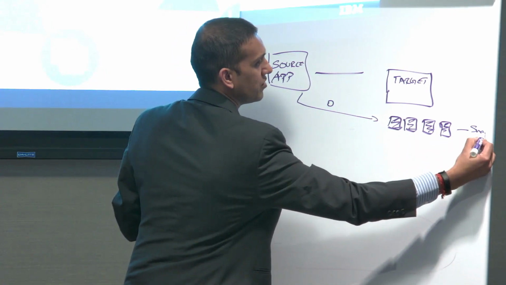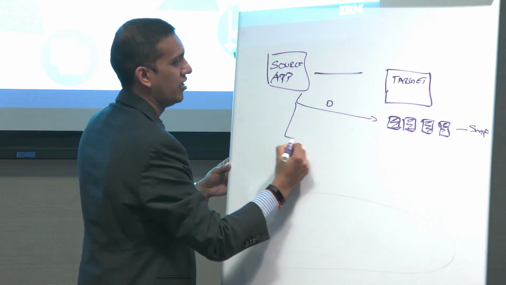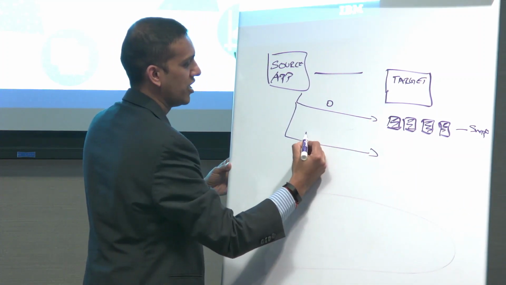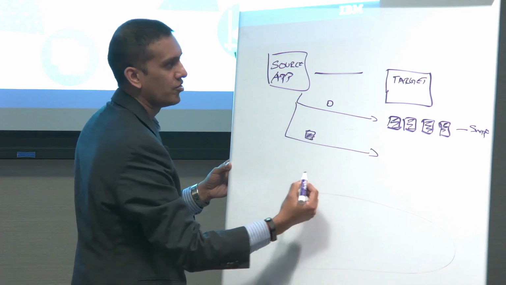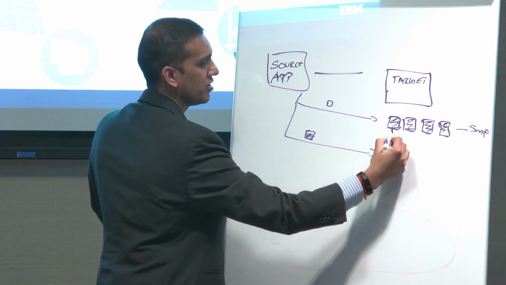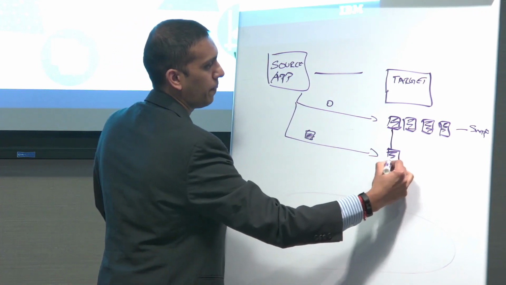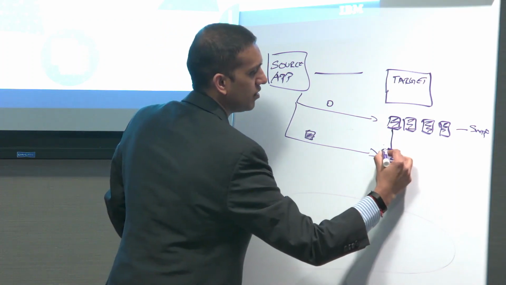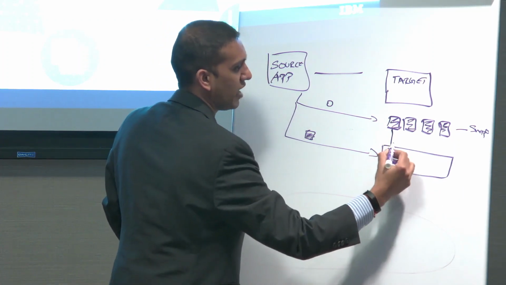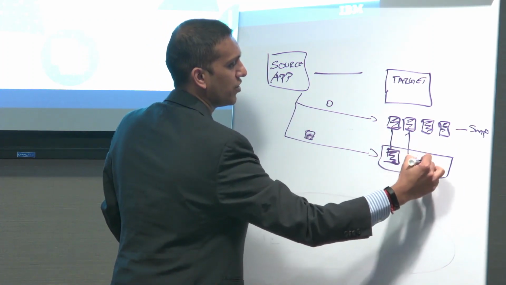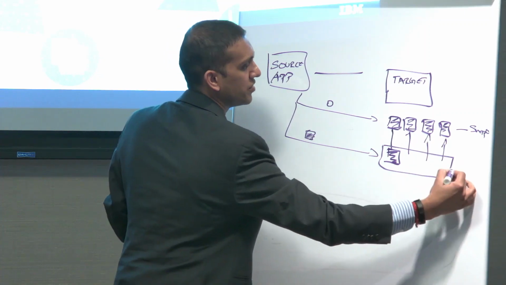So this is snap 0. And day 1, we just send 1 block over, right? And say this block has changed. So the snapshots basically will have pointers. I totally agree with that.